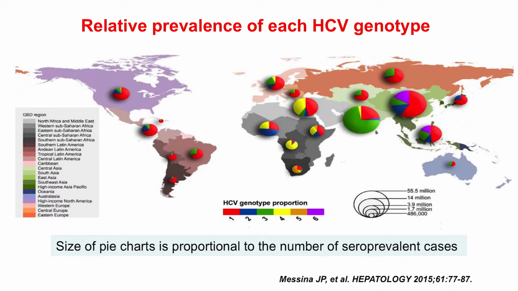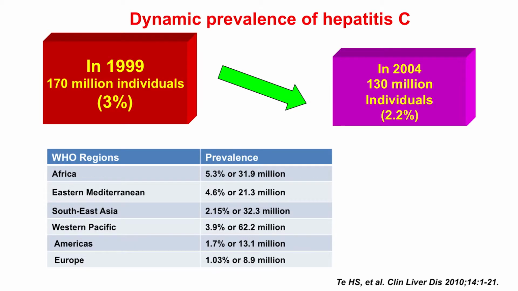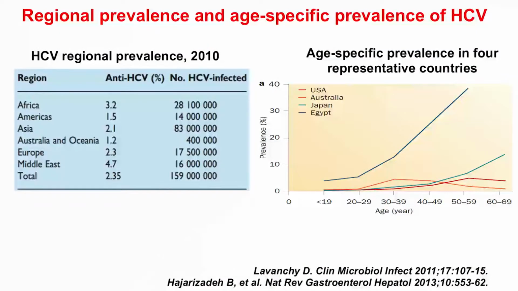So this slide just schematically shows the HCV genotype. I won't go through too much detail about this. And again, we can see dynamic changes of hepatitis C infection, whereas in 1999, the overall prevalence was around 3% worldwide, whereas now around 2%. A 1% drop in the global population will translate into a large decline in the number of patients. Again, this is just a specific case.